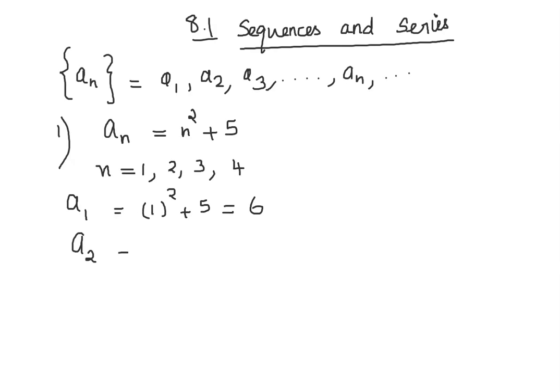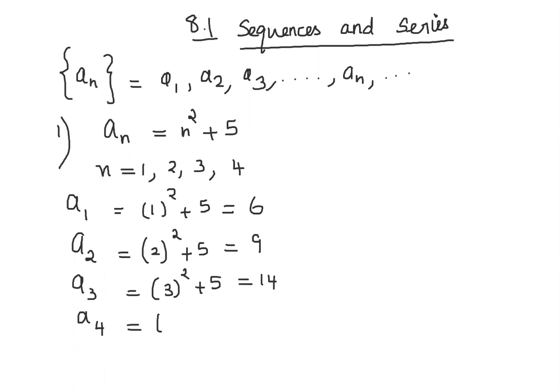A2, plug in 2 for n, which is going to be 9. Then 3 squared plus 5. And the last one depends on how many terms we are looking for. So the answer, the first 4 terms of the sequence, are 6, 9, 14, 21.